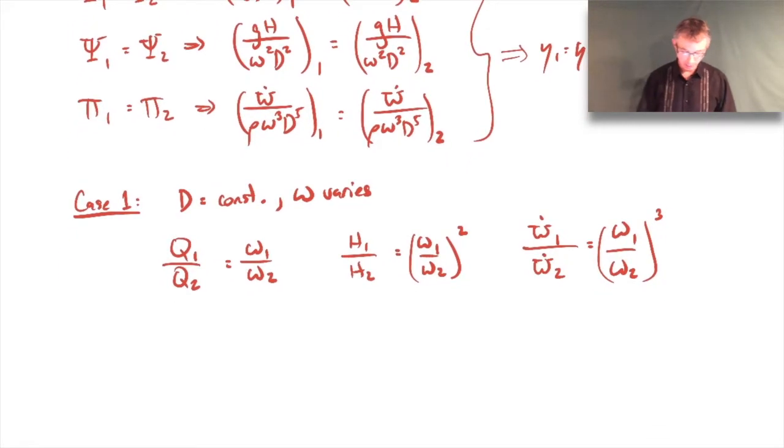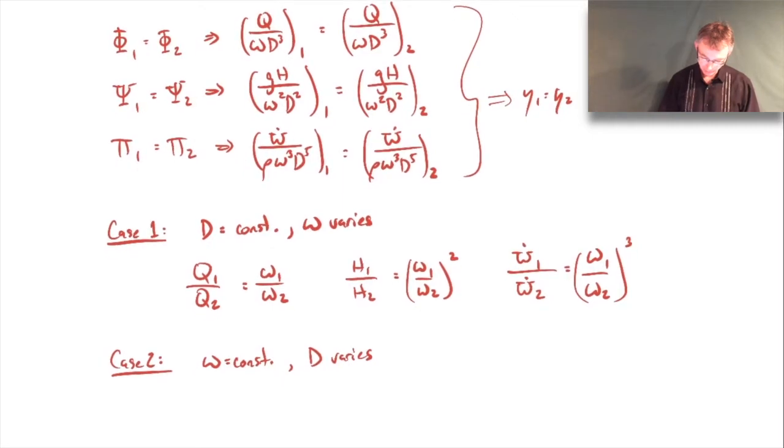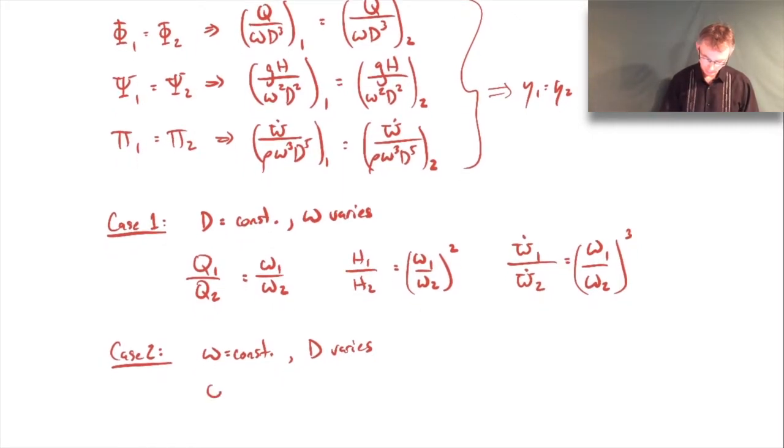Okay, now let's do the other case, case 2, where we hold omega constant and d varies. So in that case, what we'll have is Q1 over Q2 is equal to d1 over d2 cubed. H1 over H2.